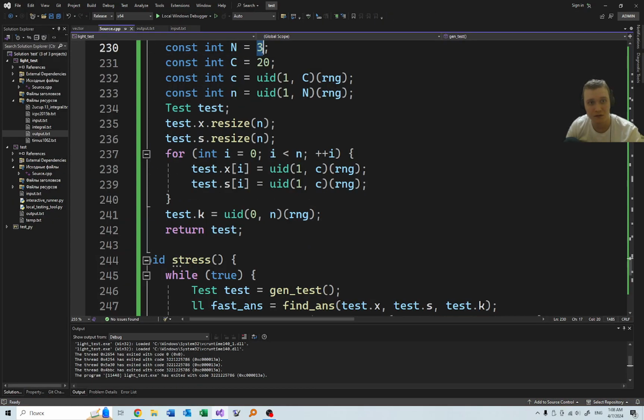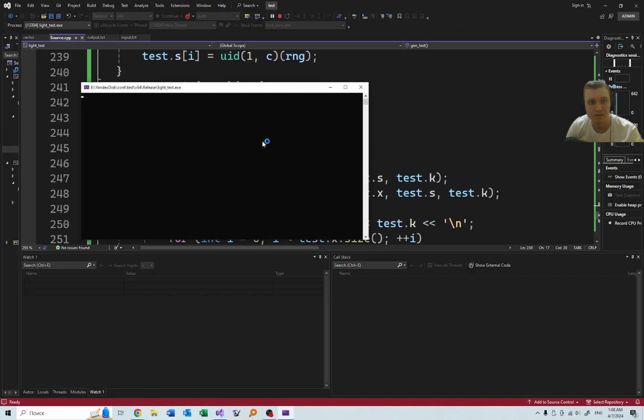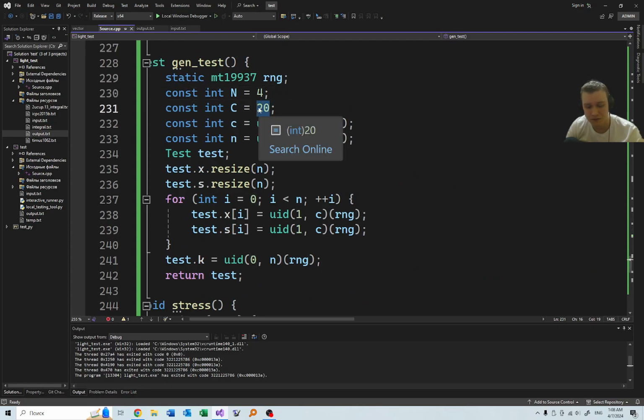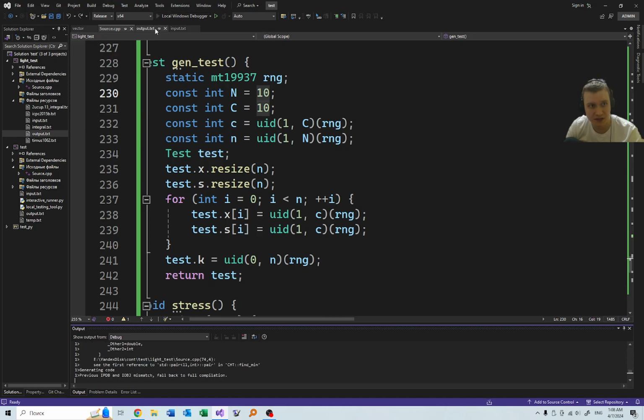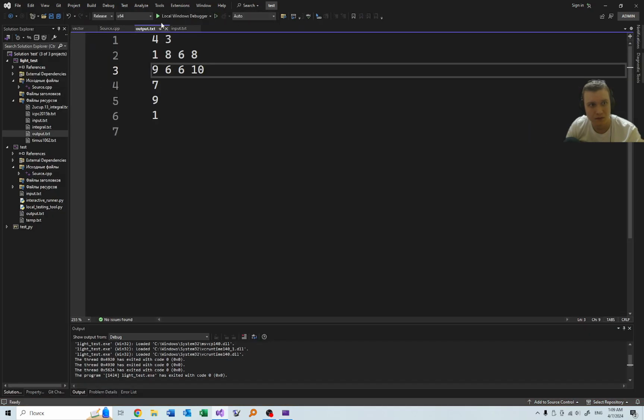No, still no. 4. It does not find anything for 4. But if I put 10 and 10, it finds a test of size 4.